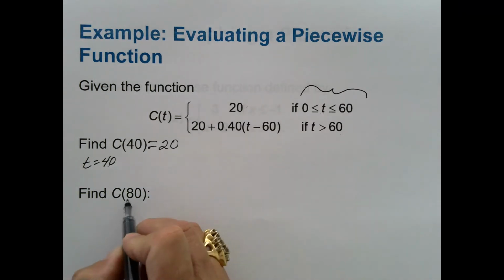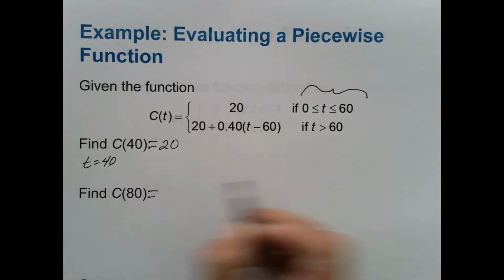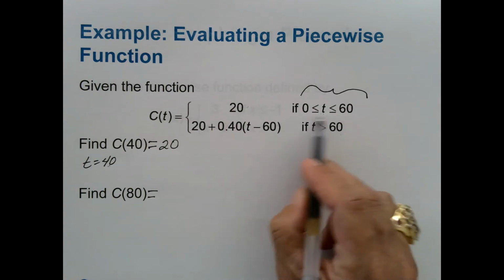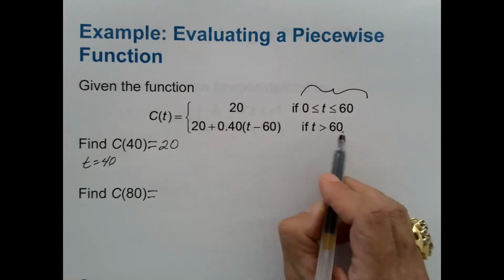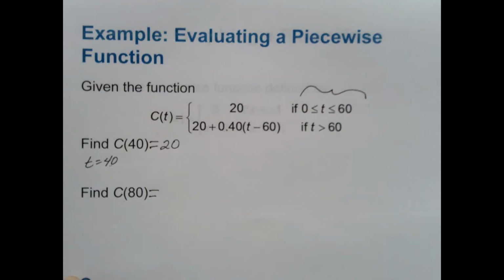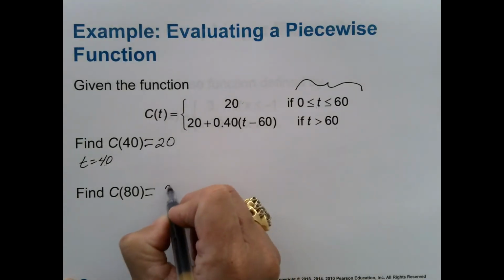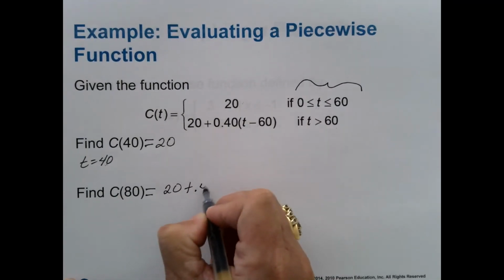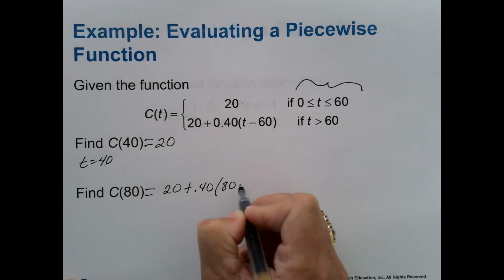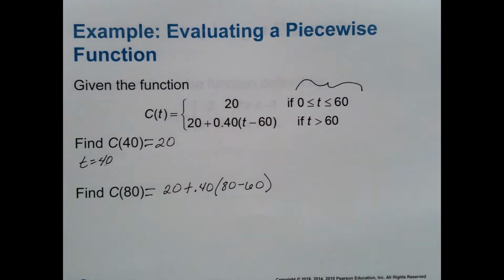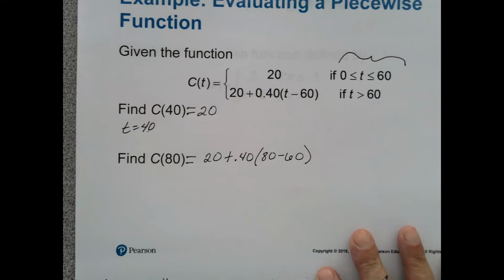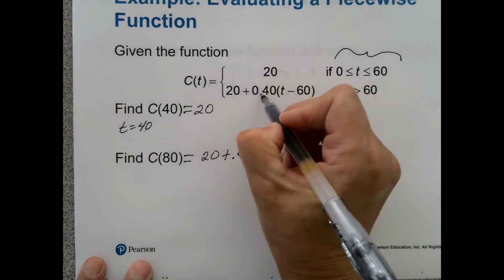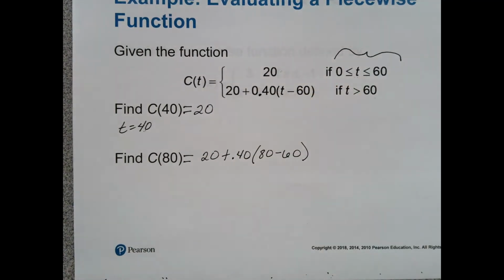If I try to plug in an 80, notice that 80 falls in the second piece because 80 is greater than 60. So when I plug in 80, I'll get 20 plus 0.40 times 80 minus 60. There's a decimal point right there. Any questions on why I picked the second piece for 80? All right.